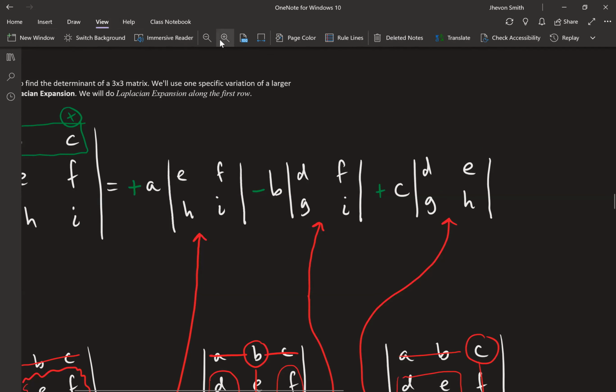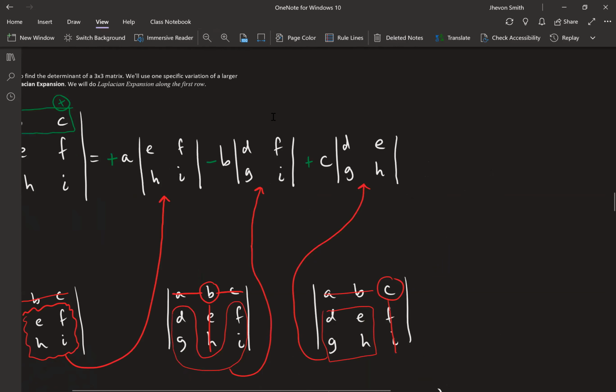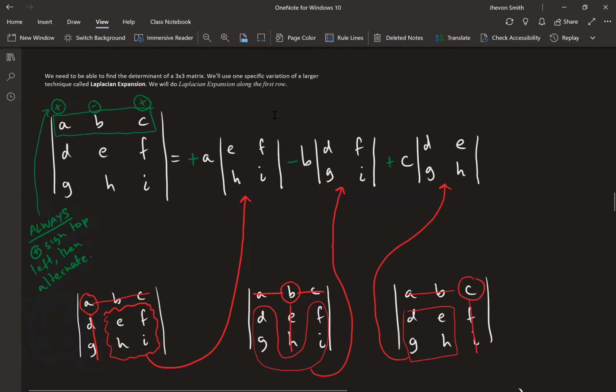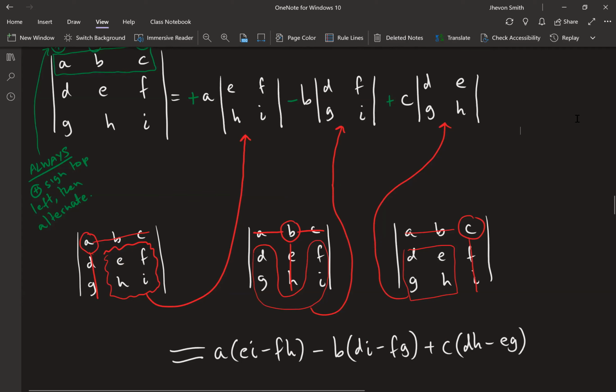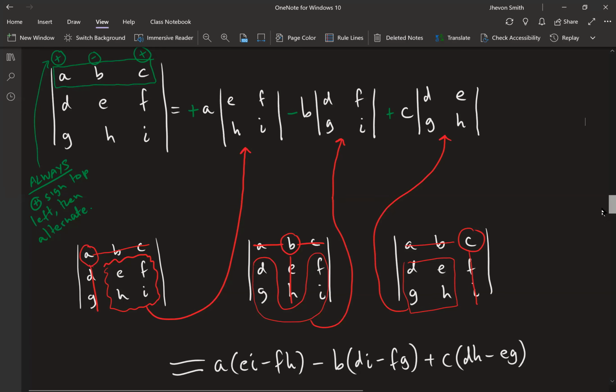And that's how you would find a 3x3 determinant. So you can even take a picture of that, because we're going to use it.